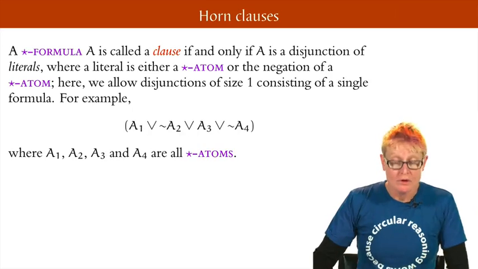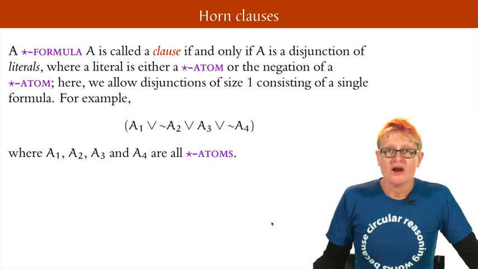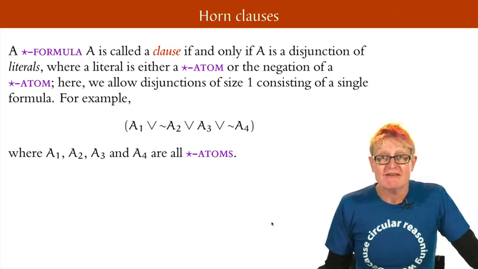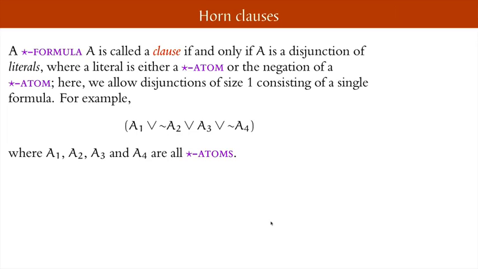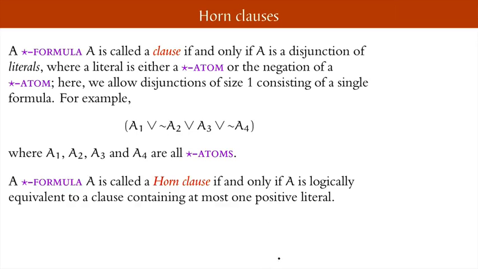For example, A1 or not A2 or A3 or not A4 is a clause where the AIs are all star atoms. A star formula is called a horn clause exactly when it is logically equivalent to a clause containing at most 1 positive or unnegated literal.